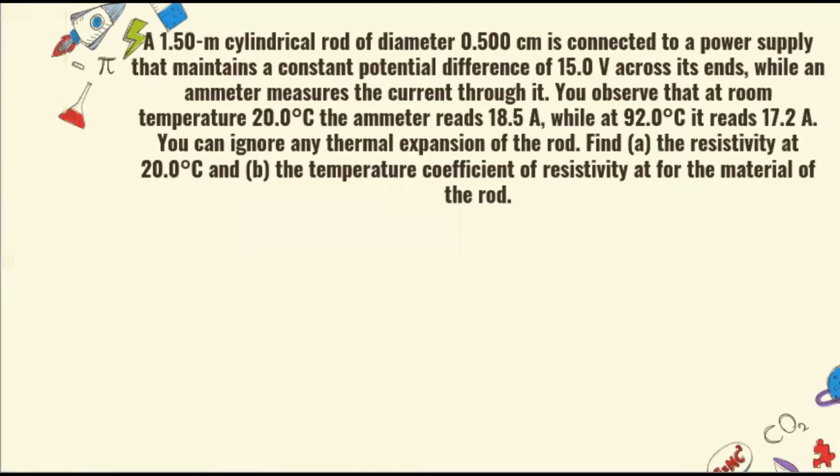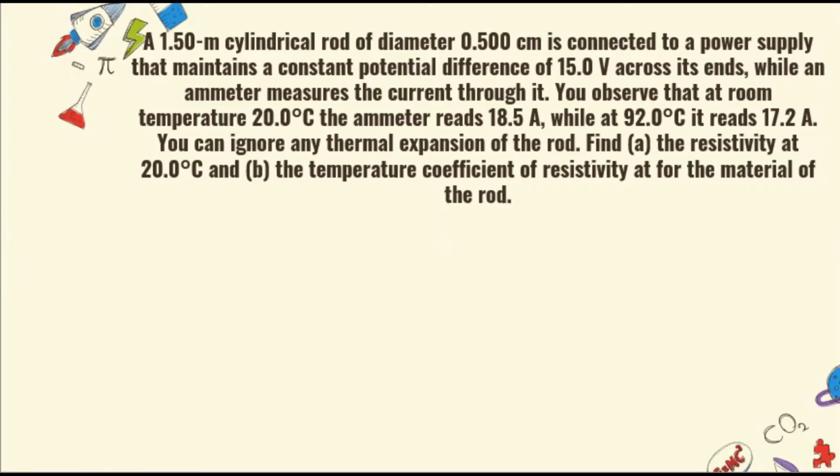Let us try what we have discussed on this problem. A 1.5 meter cylindrical rod of diameter 0.500 centimeter is connected to a power supply that maintains a constant potential difference of 15.0 volts across its ends, while an ammeter measures the current through it.